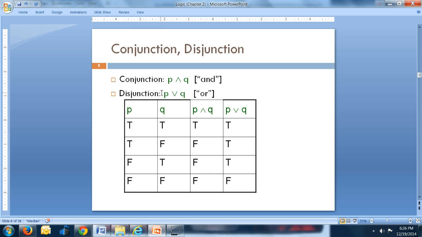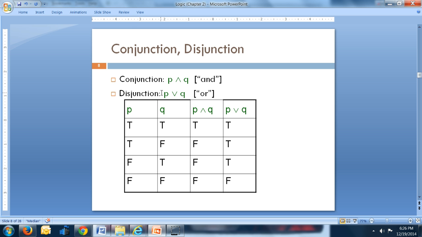So here is when we construct the truth table, we put the first column P and we put 4 values because we have 2 variables in here, P and Q. Since P has 2 possible values and Q has 2 possible values, P and Q together will have a combination of 4 possible values.